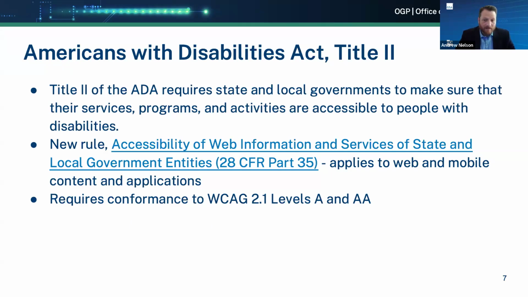and some Arizona policy. So the Americans with Disabilities Act, Title II, applies to state and local government organizations. And recently, the Department of Justice issued a new rule titled the Accessibility of Web Information and Services, of state and local government entities. It's in 28 CFR Part 35 in the Code of Federal Regulations.